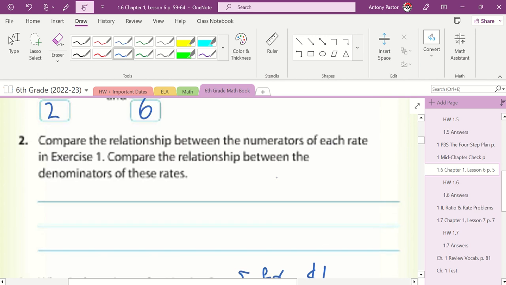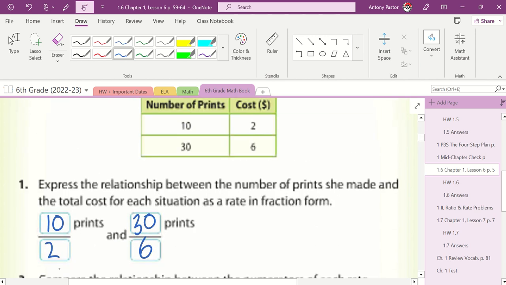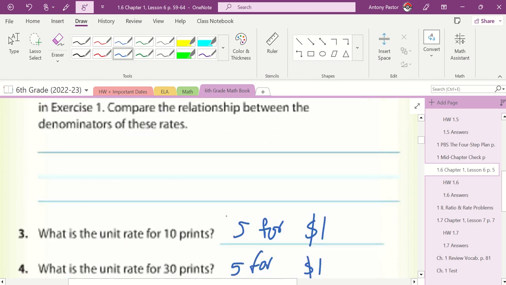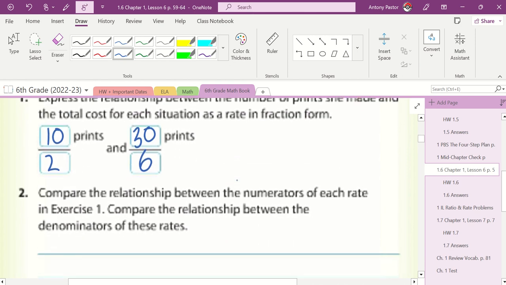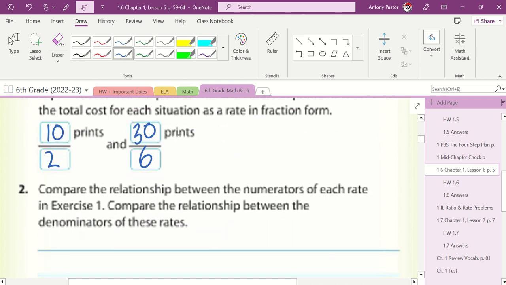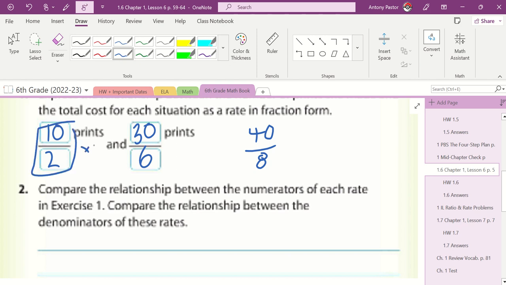So in both cases, when she bought 10 prints for $2 and 30 prints for $6, she paid $1 for every 5 photos. So in total, she bought 40 photos, which was $8, or 40 to 8, which is still an equivalent ratio. If you had multiplied 10 to 2 by 4, you would have come to this answer here.